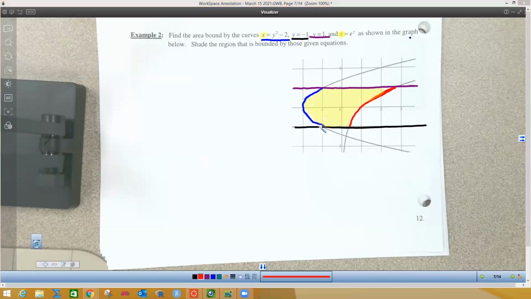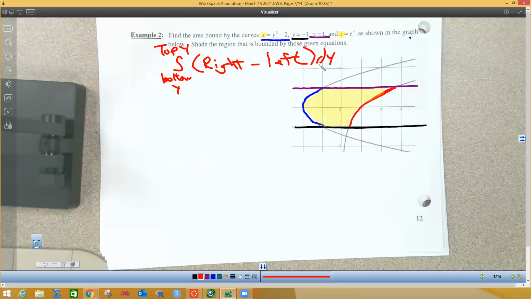So what you're supposed to learn is, if it's a dy problem, the way you do the integral is you do the bottom y value, bottom y to the top y, and then it's going to be the right function minus the left function dy, and these have to be in terms of y.